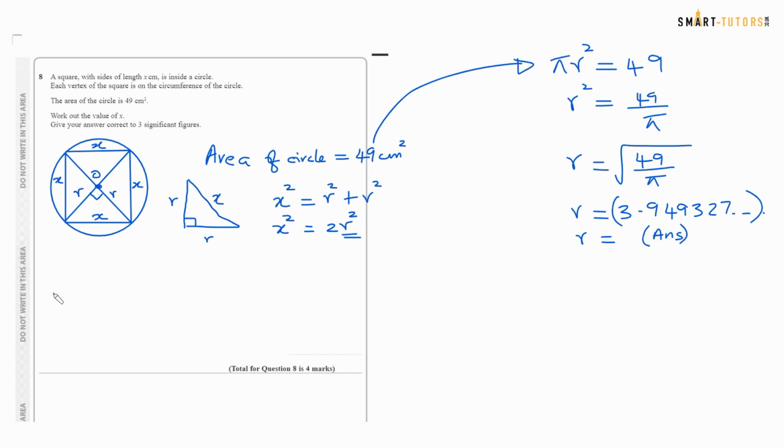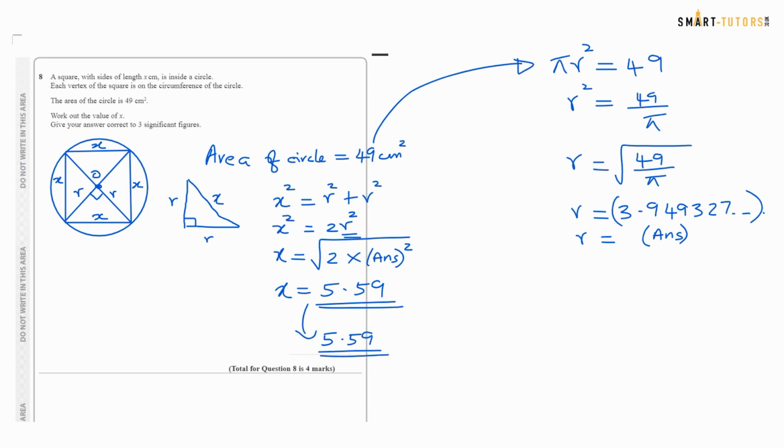Keep the answer in the calculator as it is. I don't want to round up at this step. Then use that answer to find out x. So x is going to be square root of 2 times the answer squared. Then you will end up with x equals 5.59 to the nearest 2 decimal places. That is our final answer for question number 8.